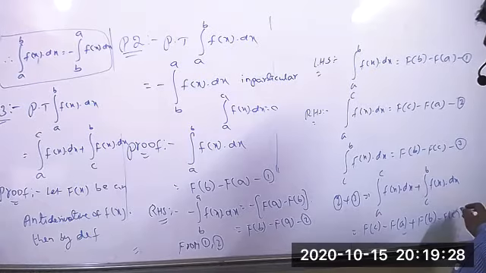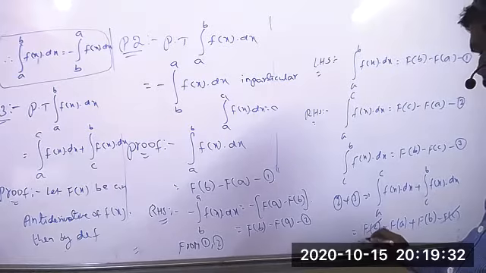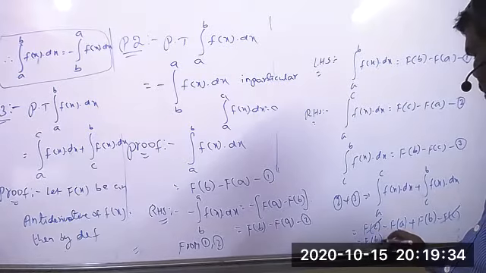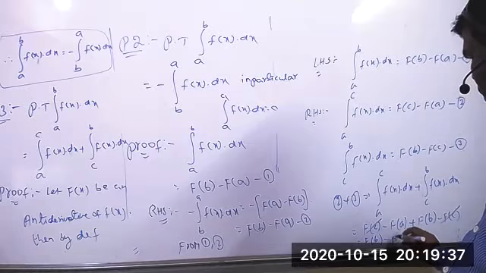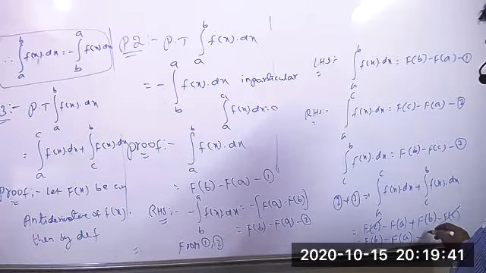Clearly the positive and negative terms will cancel, so this one we can write as F of b minus F of a. This is equation number 4.